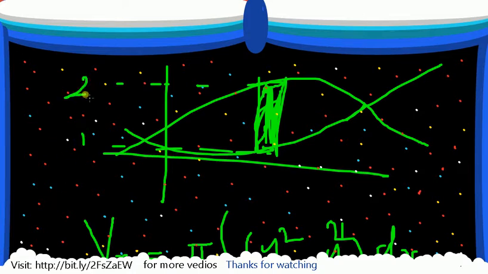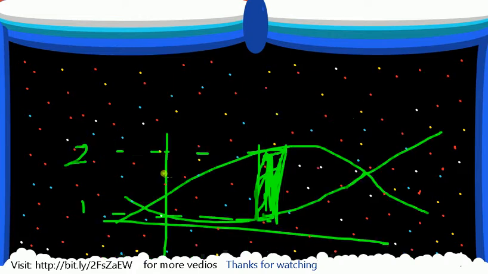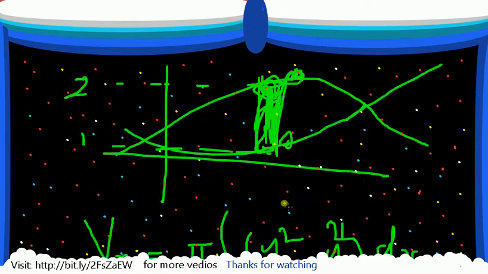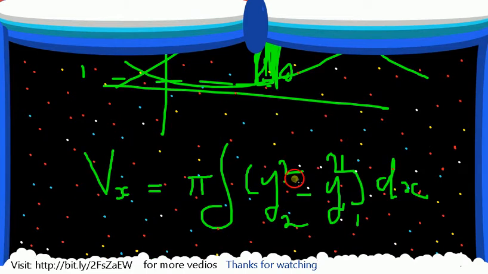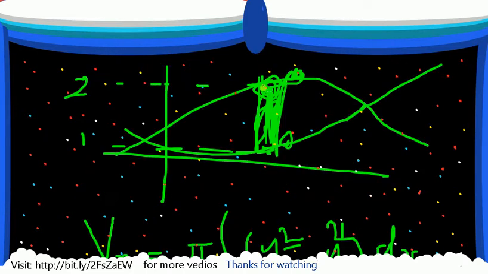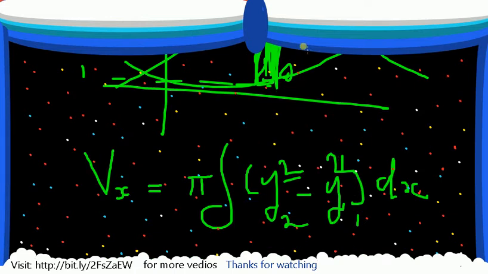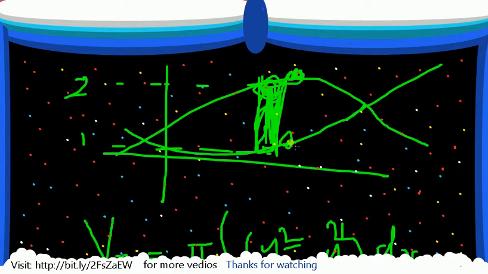Here it will obviously be bigger than the one here. So this one will be graph number 2, and this one is graph number 1. Number 2 is the one on top, and number 1 is the one on the bottom.